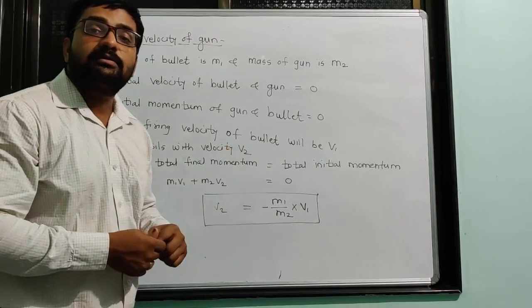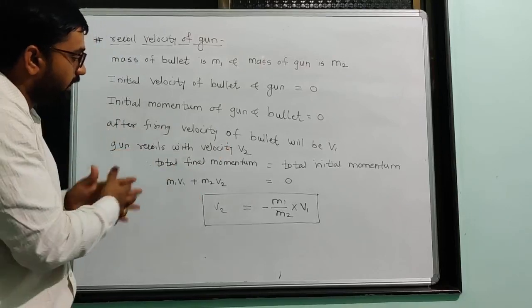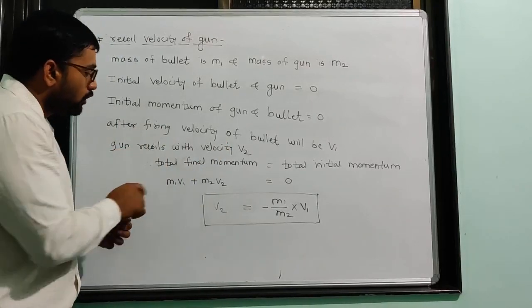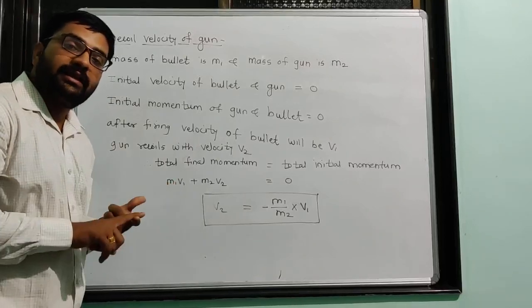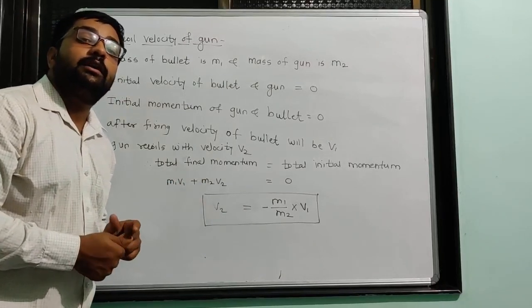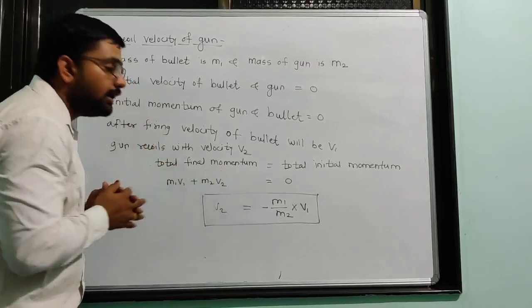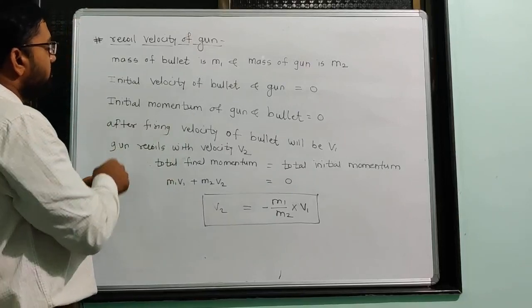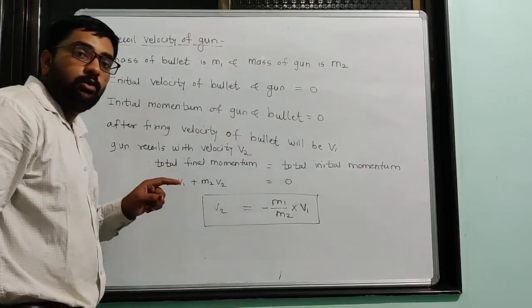So the product of mass and velocity of both bullet and gun is the total final momentum: m1v1 for the bullet plus m2v2 for the gun. And the total initial momentum of gun and bullet will be equal to 0.